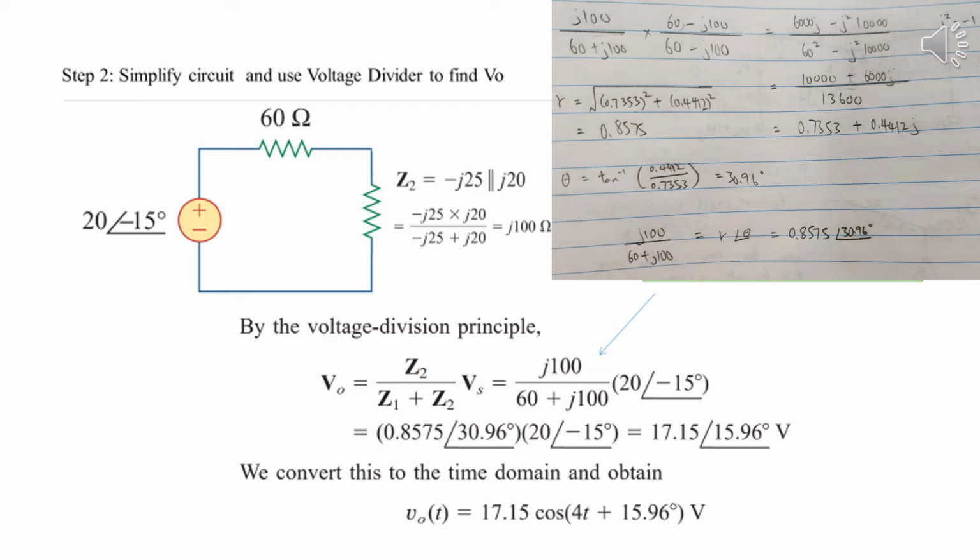Now we can solve the result. V0 is equal to 17.15 angle 15.96 degrees. Now we convert this to the time domain and obtain v0(t) is equal to 17.15 cos(4t plus 15.96 degrees) volts.